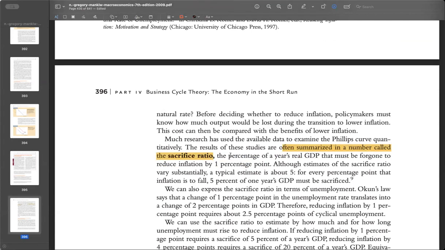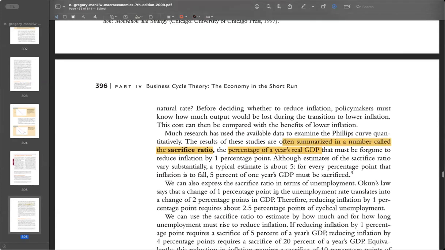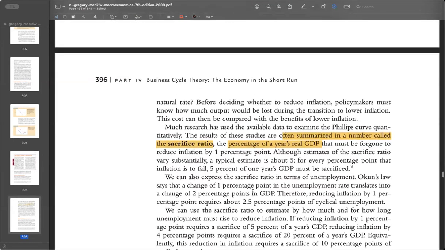And the sacrifice ratio is the percentage of a year's GDP that must be forgone to reduce inflation by 1 percentage point. Or you can think about it in terms of unemployment also.